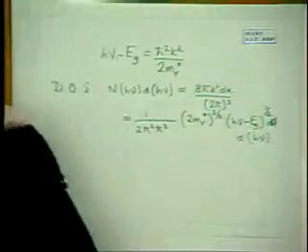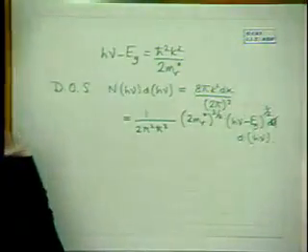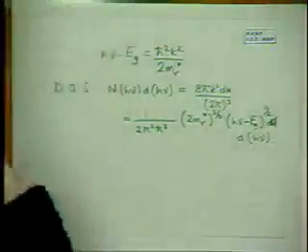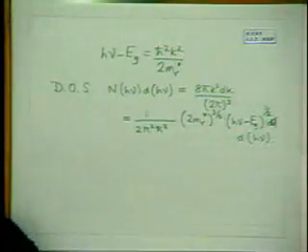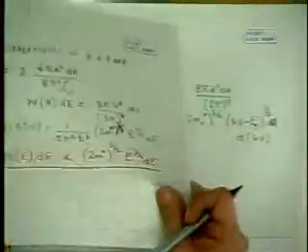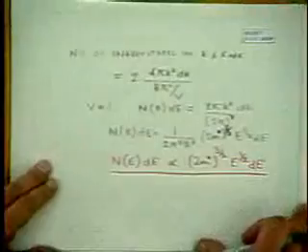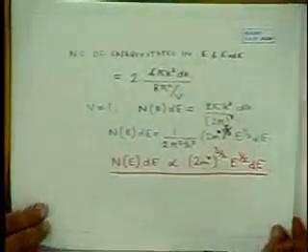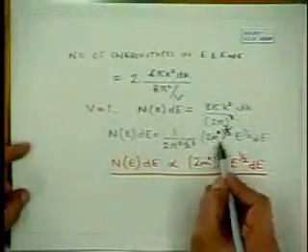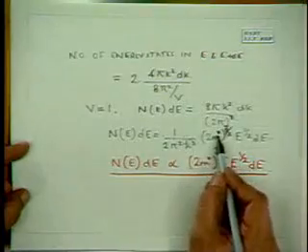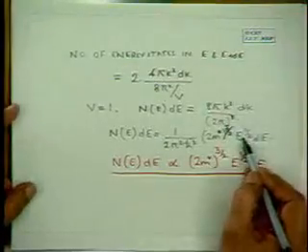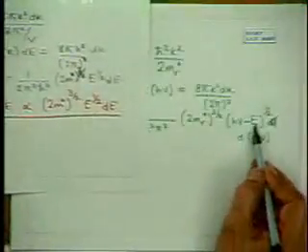We may refer back to the expression already derived. This is the same expression, 1 by 2 pi squared, where we have replaced this m star by the reduced effective mass mr star, and E is being replaced by h nu minus Eg.